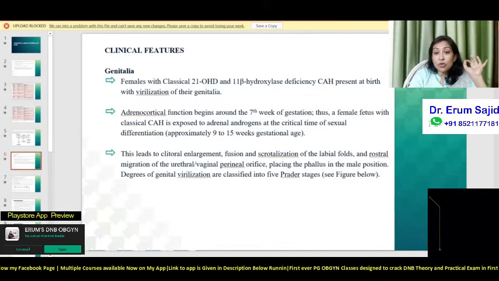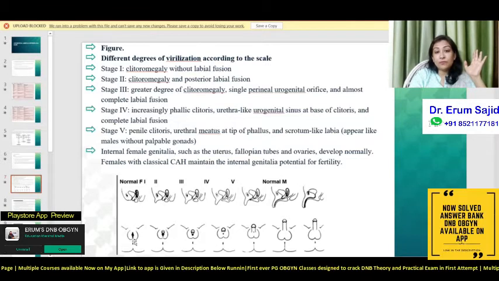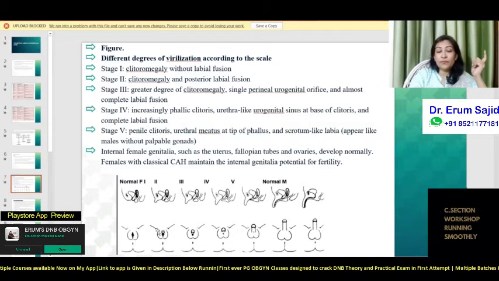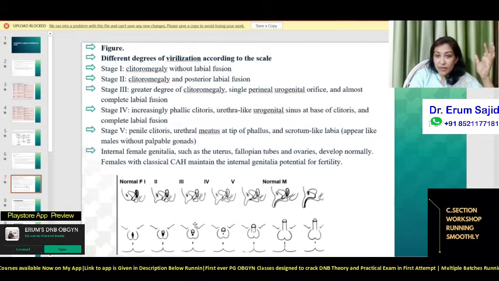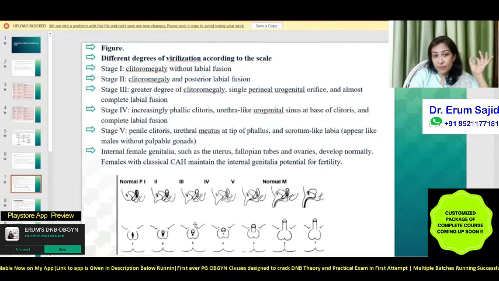First of all, this name you should know, then you should know the stages. Stage 1 is clitoromegaly without labial fusion, as you can see in the first figure. The second is clitoromegaly with posterior labial fusion. Stage 3 is a greater degree of clitoromegaly and a single perineal urogenital orifice, almost complete labial fusion.